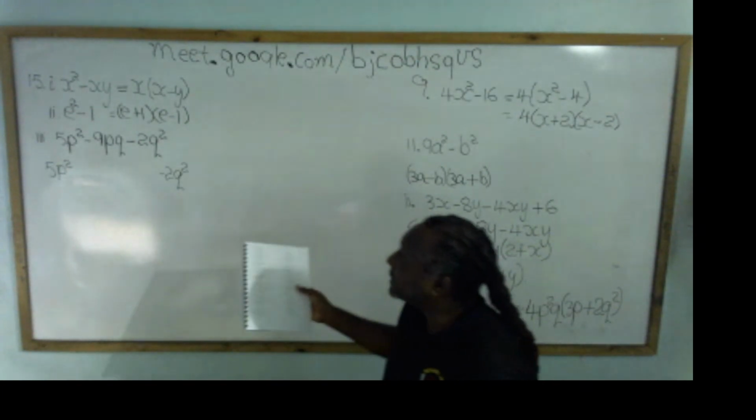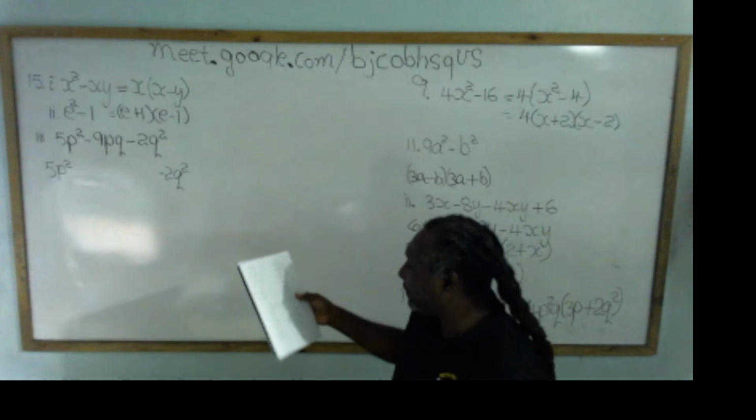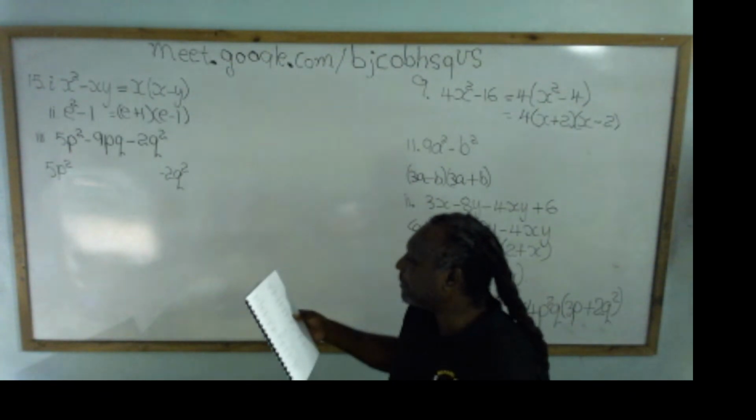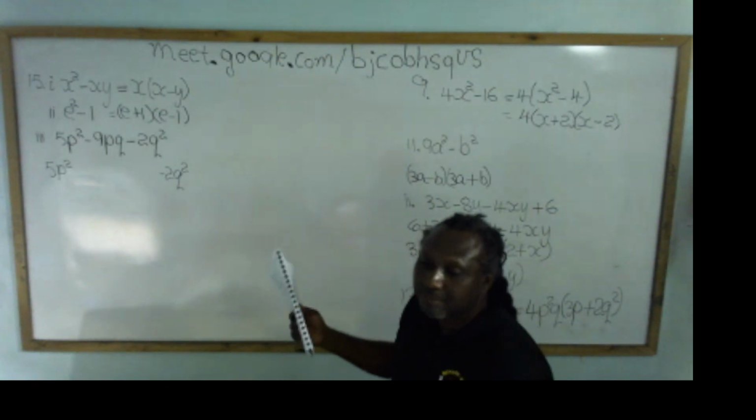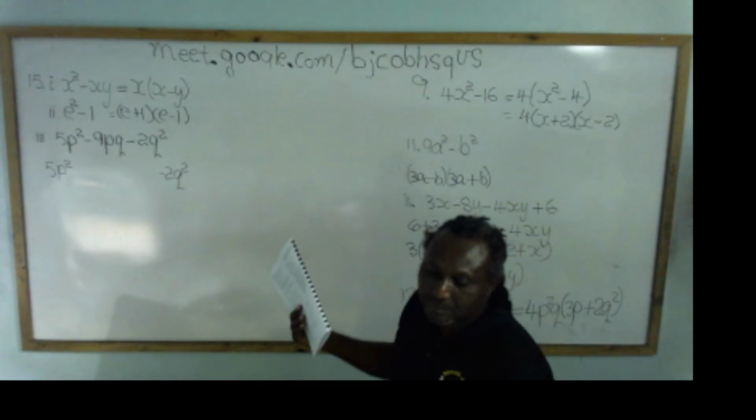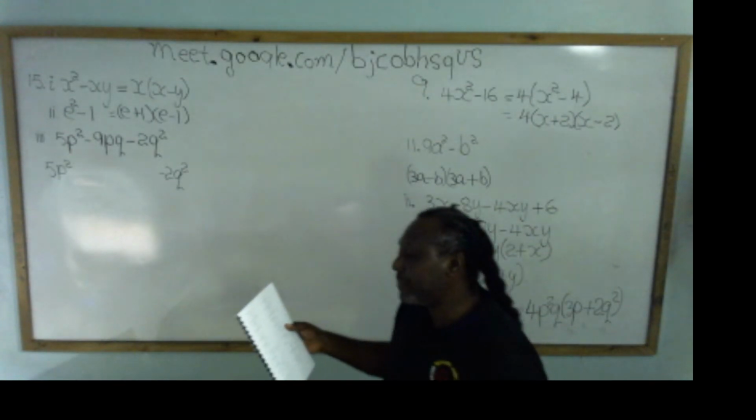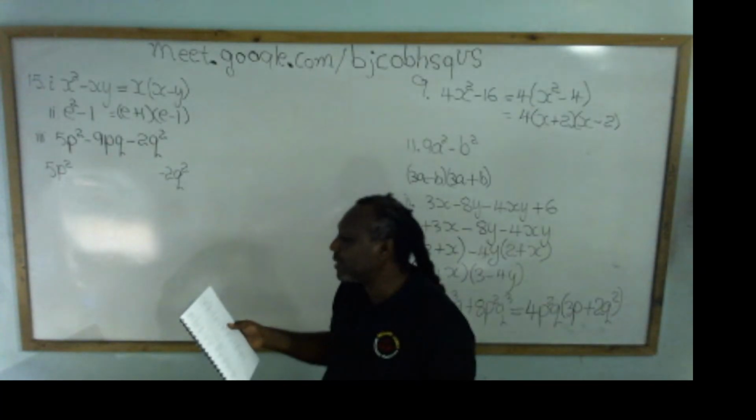So that seems to be number 15. And if number 15 that I have in this book is the same. Because if it weren't the same, it would have just been maybe a little number off.